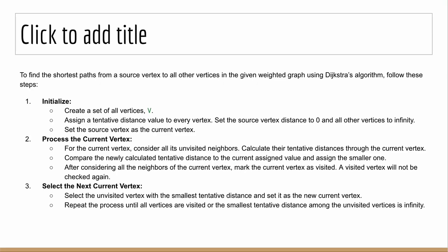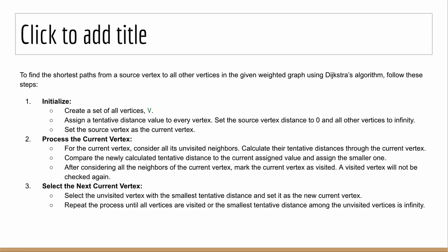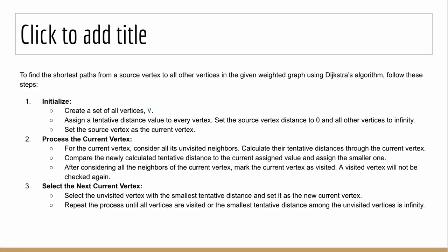Following the process, we calculate the tentative distances to all the neighbors, which are 1 and 7. Their distances are 4 and 8, correspondingly. We compare the newly calculated tentative distance to the currently assigned one, and in this case 4 is smaller than 8. After considering all neighbors of the current vertex, we mark 0 as visited. A visited vertex will not be checked again.